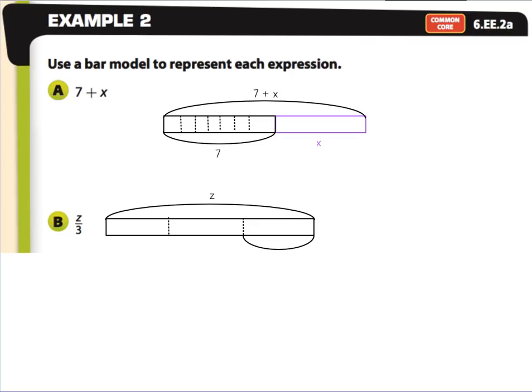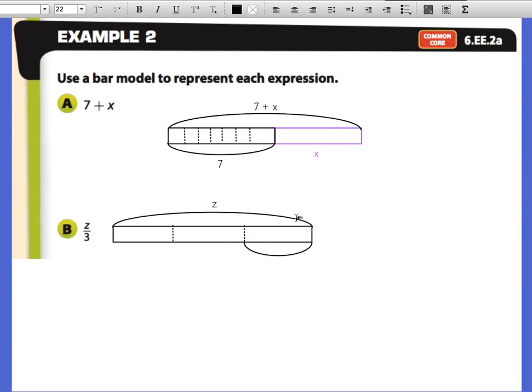So z divided by 3, so even though I divided it by 3 in my picture, then my answer, I would only want this one piece. Because after I divide it by 3, I only want this one piece. Right.